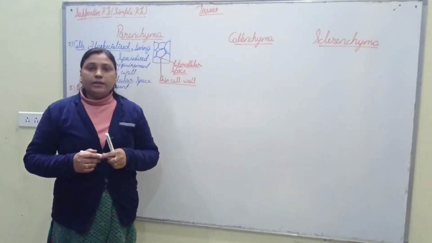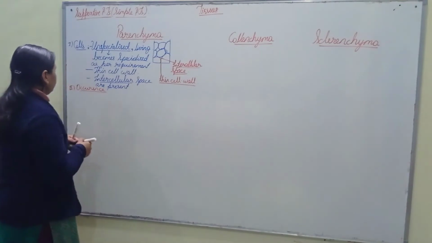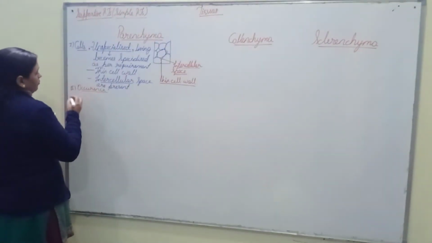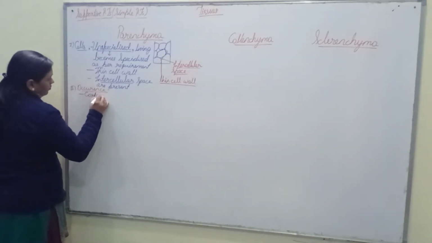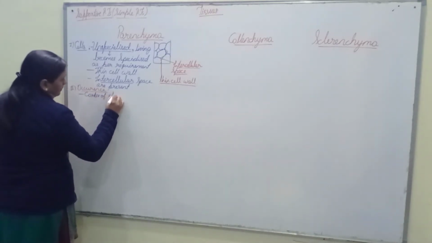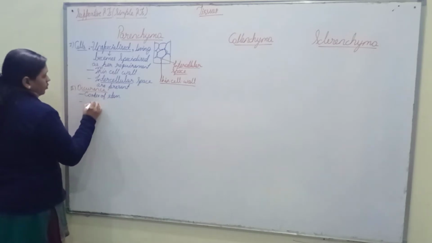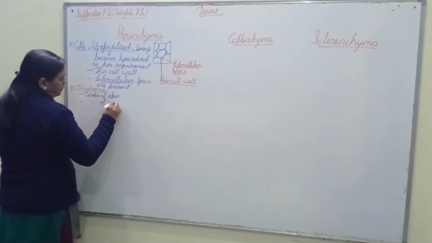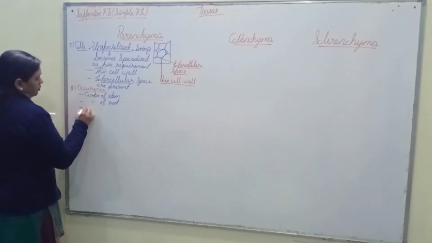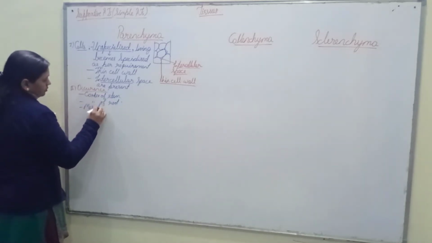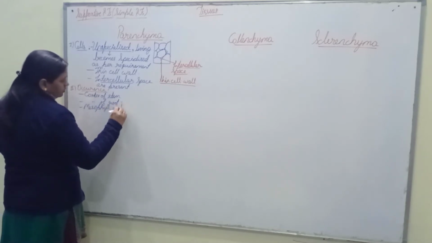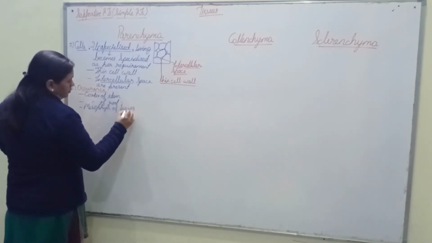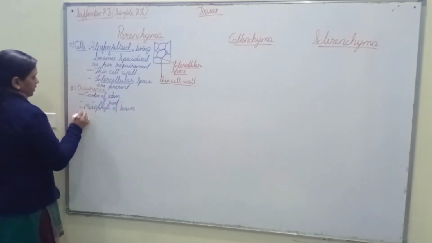So these are found in the cortex of the stem, cortex of root, mesophyll of leaves, endosperm of seeds.